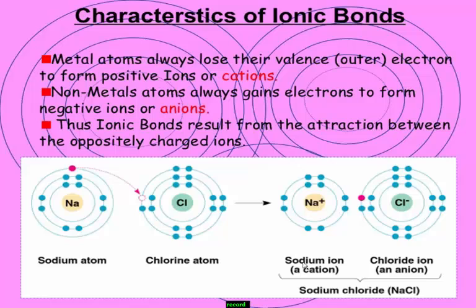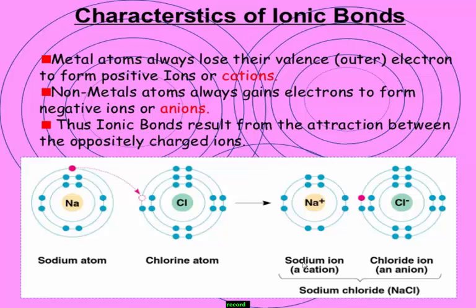Some characteristics of ionic bonds, very important, students. Metal atoms always lose their valence electron to form a positive ion or cation. I think you also know this point. Metals always give electrons to others and have positive charge.